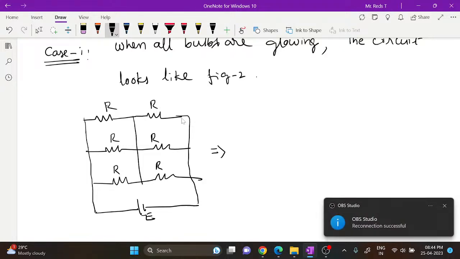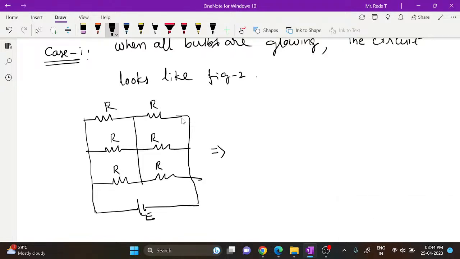This can be redrawn or simplified to this form.